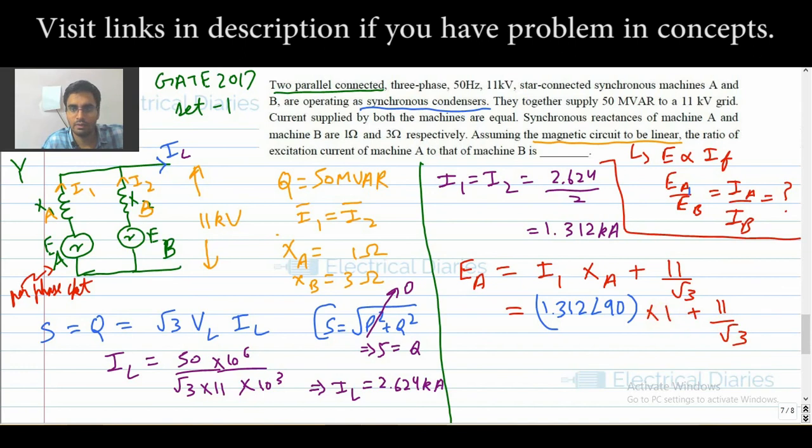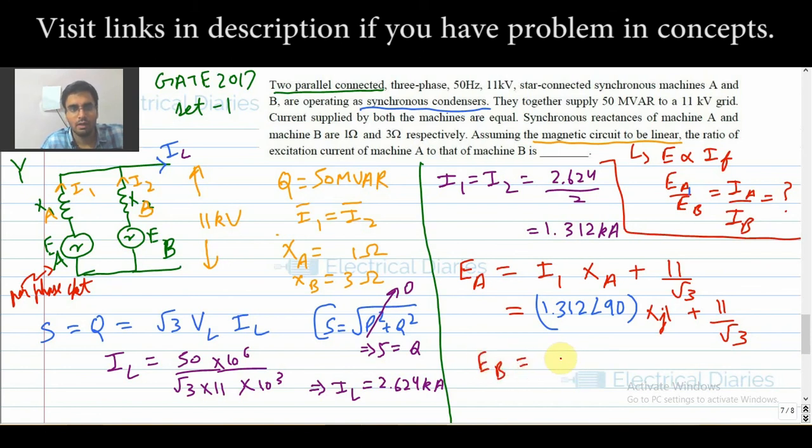So your EA will come out to be some value. Similarly you will calculate EB.